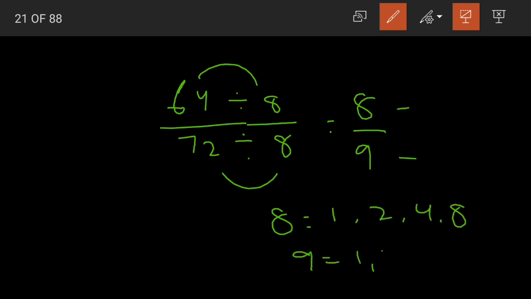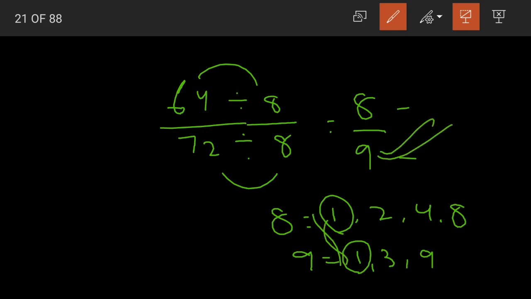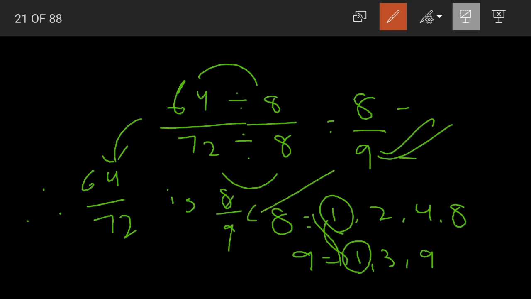The factors of 9 are 1, 3 and 9. These two share only 1 as their common factor. That is why we can say that 8 by 9 is in its simplest form. So therefore, the simplest form of our fraction 64 by 72 is 8 by 9.